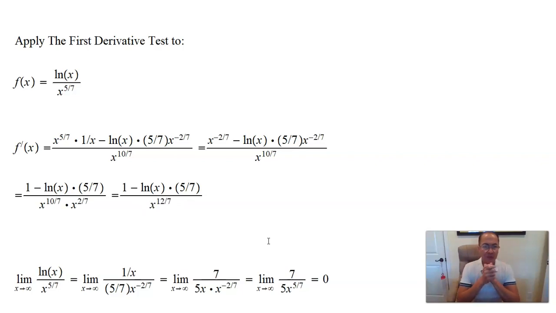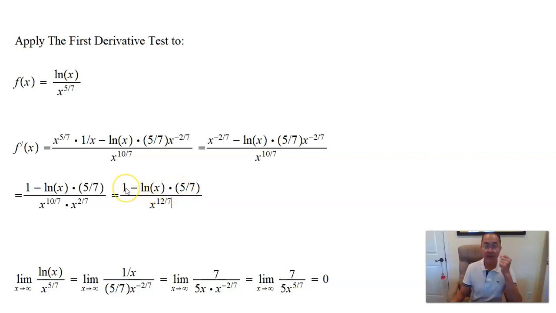Okay, so first derivative test. A function is decreasing if its derivative is negative. Is this derivative negative? Well, we have a denominator x to the 12 over 7 that's positive. So the sign will depend on the numerator.